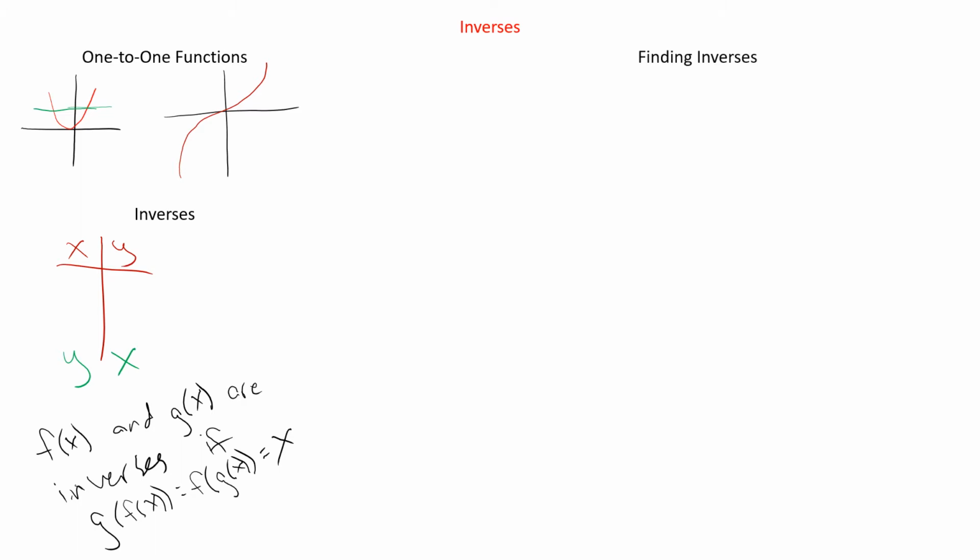So how do we find an inverse? In order to find an inverse, we literally switch the x and the y. So if we have, say, f of x equals 3x plus 7, first thing I would do is change that to y equals 3x plus 7, and then we literally switch the x and the y. x equals 3y plus 7.